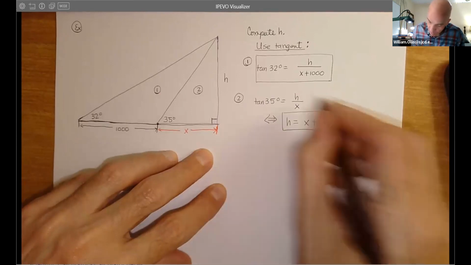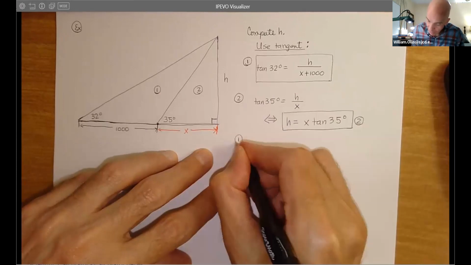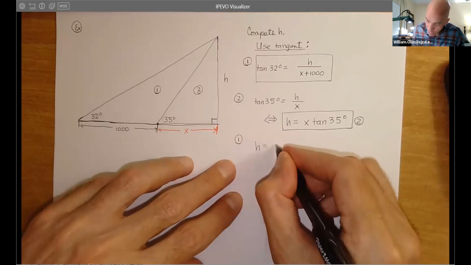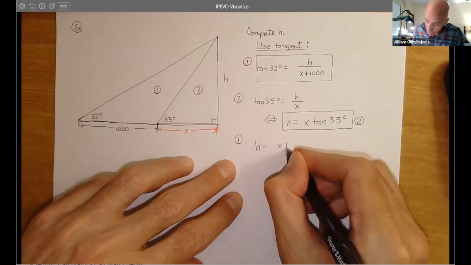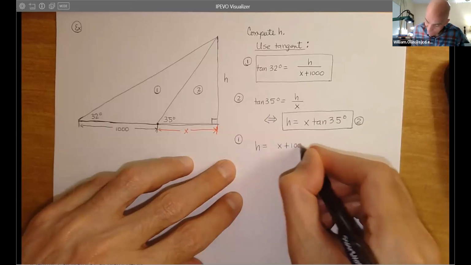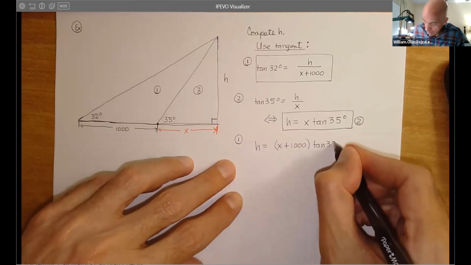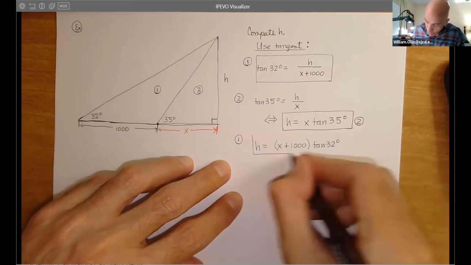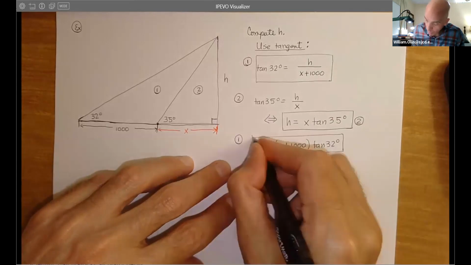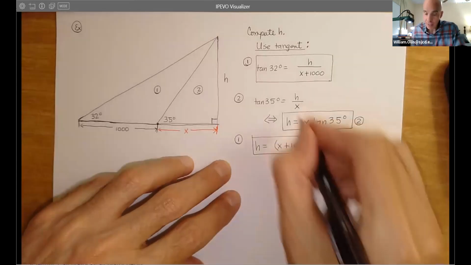And back to 1, if you cross multiply, H equals X plus 1,000 times tangent of 32 degrees, just rewriting number 1.